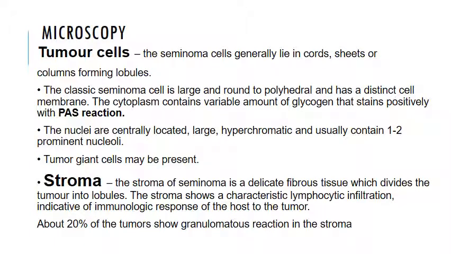On microscopy, the tumor consists of cells which are large, round to polyhedral, with a distinct cell membrane. The cytoplasm contains a variable amount of glycogen, which is PAS positive, and these tumor cells are arranged in the form of cords, sheets or lobules.